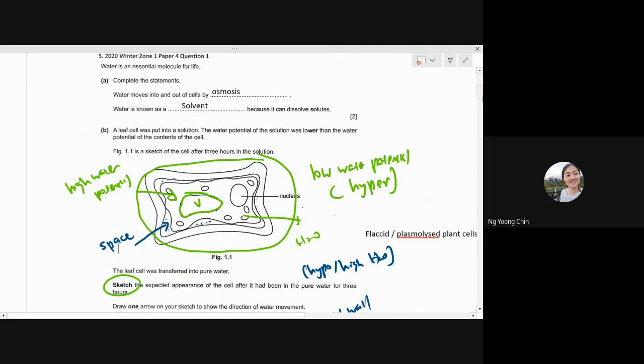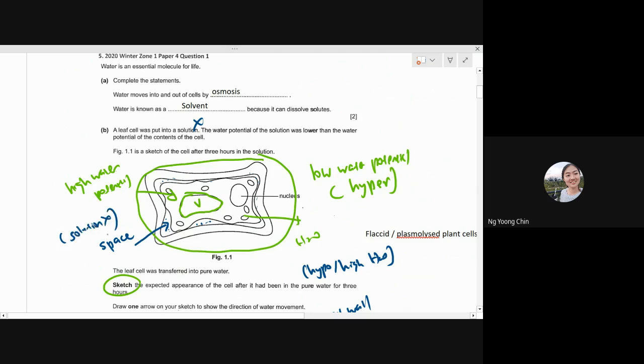For example, the leaf cell is put in solution X, and the plant cell becomes flaccid and appears like this. Then they will ask you, in this space between the cell membrane and cell wall, what kind of solution does it contain? So the answer will be solution X. They contain solution X between the space.